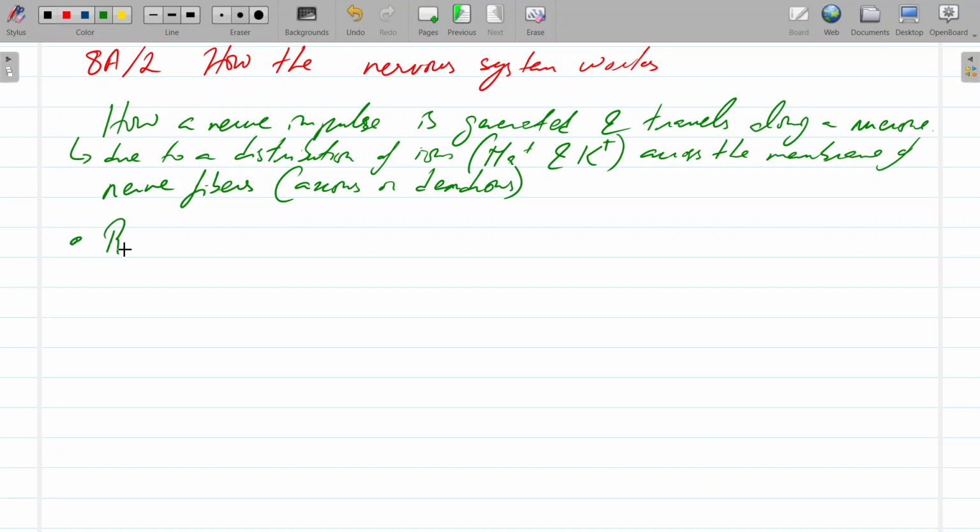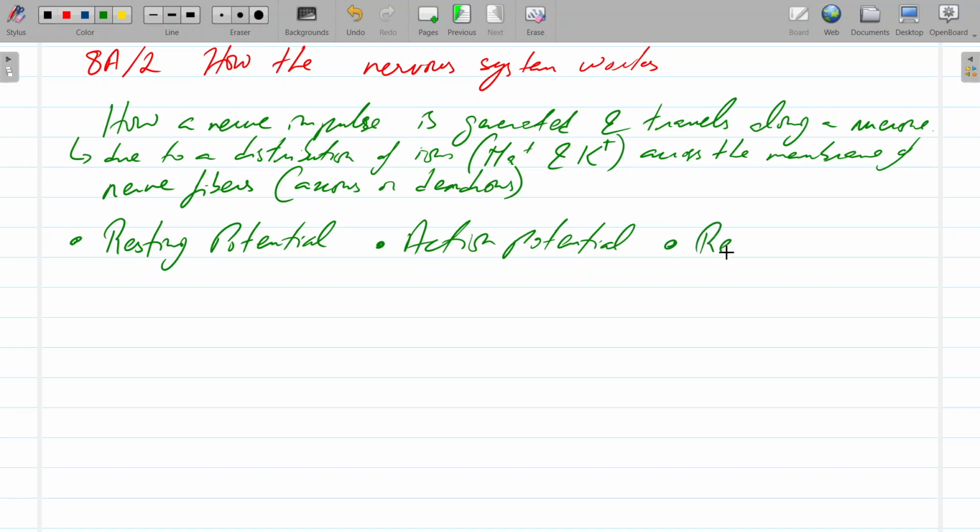You have the resting potential, then you have the action potential, and then you have the repolarization. And there's other things that happen within these phases. So let's start talking about the resting potential first.